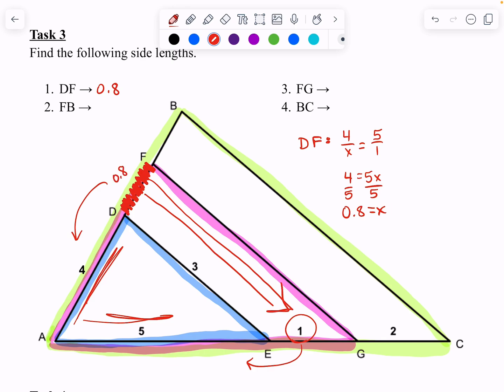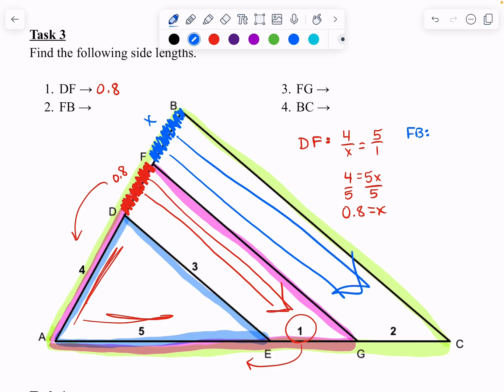All right, so for my next one, I want FB, which is this segment right here, another segment, right? I'm going to name this X now. So for FB, I want to find the length of that segment. Again, the first thing I want to do is stay in my lane, so I have to use this 2. I really like using that front blue triangle and sticking with things that are given, just in case I made a mistake on my math.